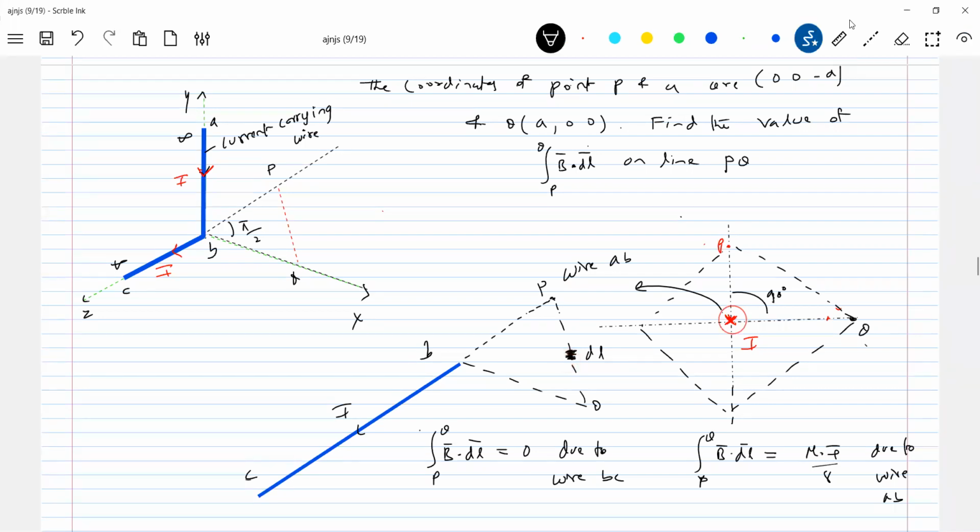The B produced due to wire BC will be perpendicular to dl. If you want, you can check it. Got it now?